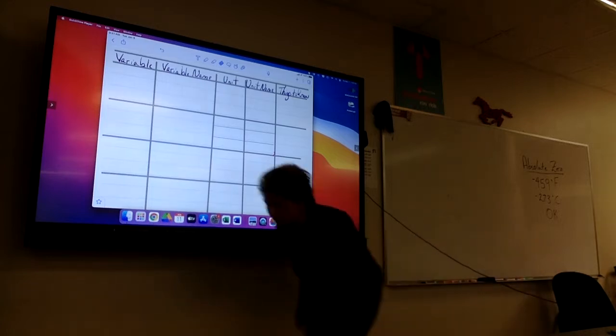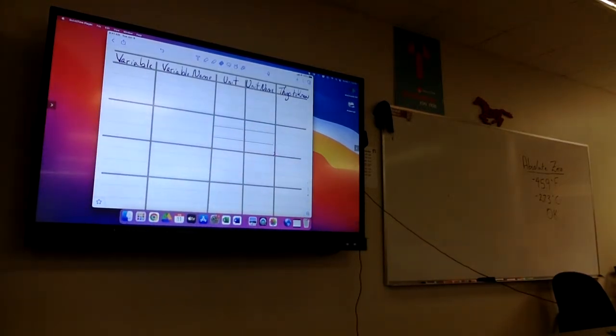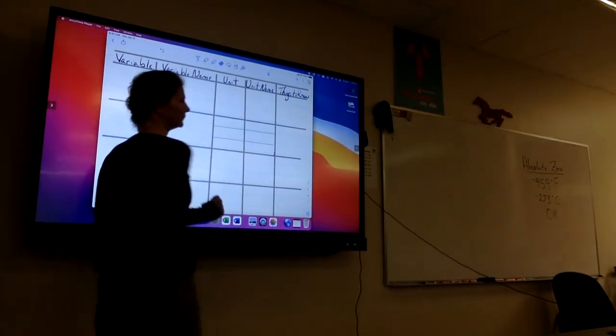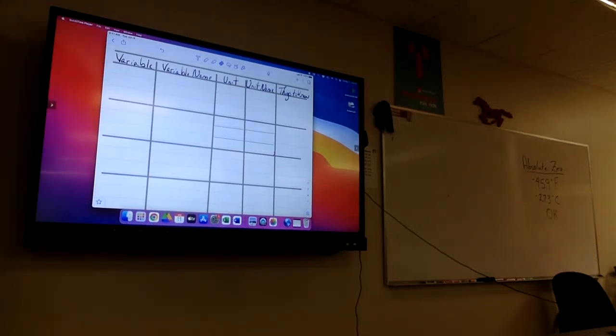All right, got your table reproduced? No. Oh my cats, hurry it up. This one, notice it's broken into 3. I need a ruler.